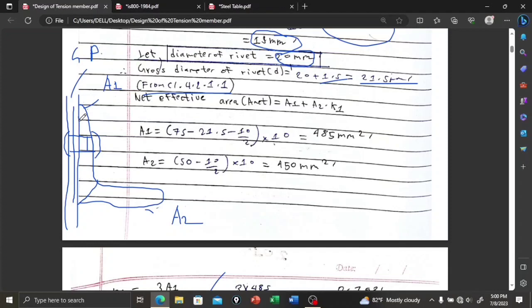The thickness is 10, so 10 by 2, because this is 10 and this is also 10, divided by 2 will make this area like this.